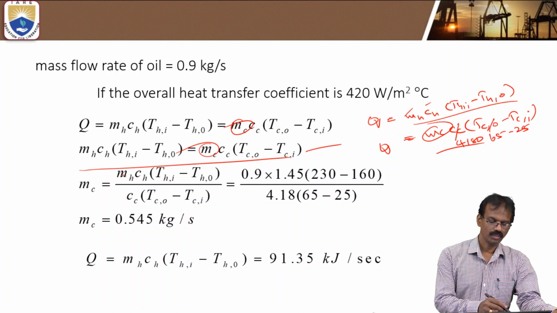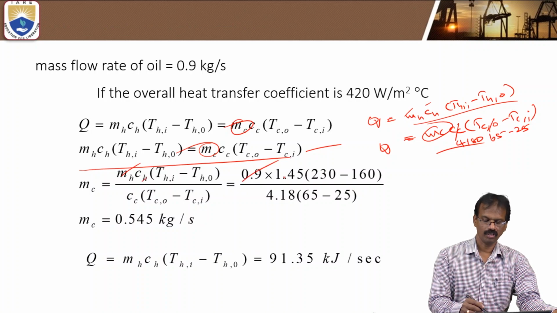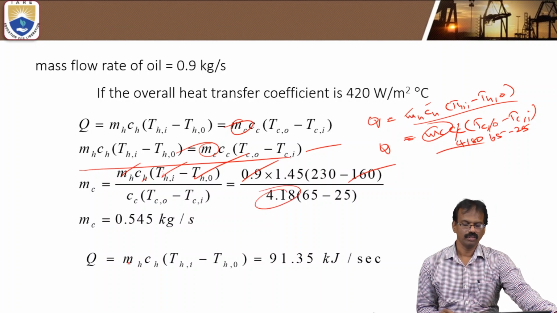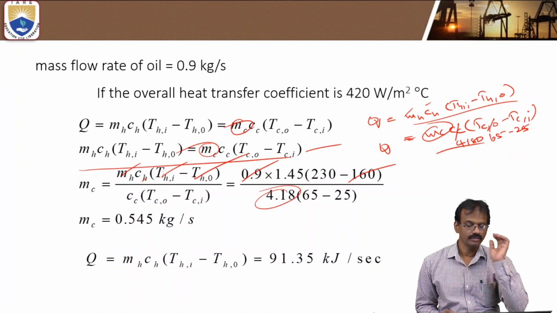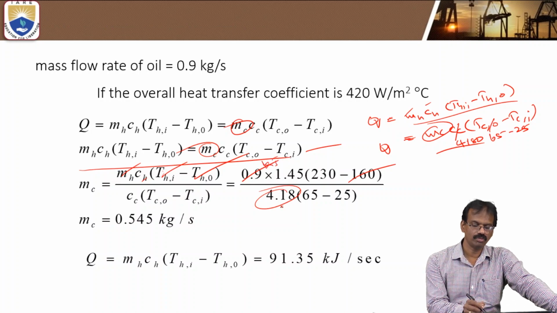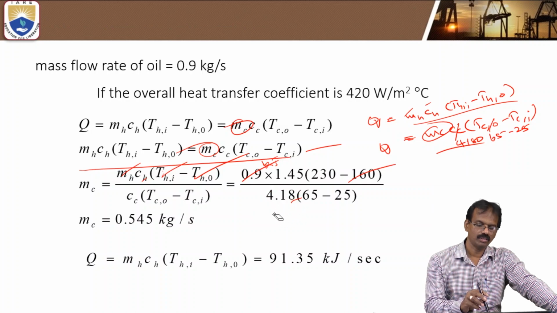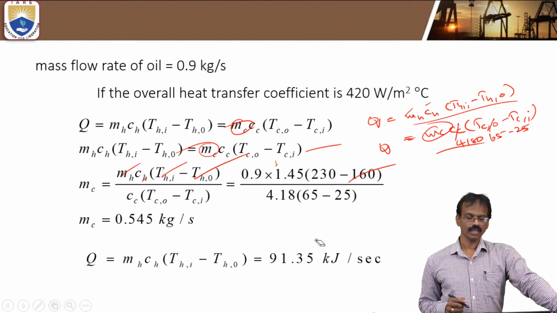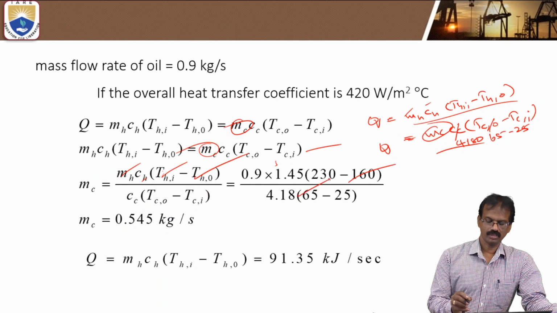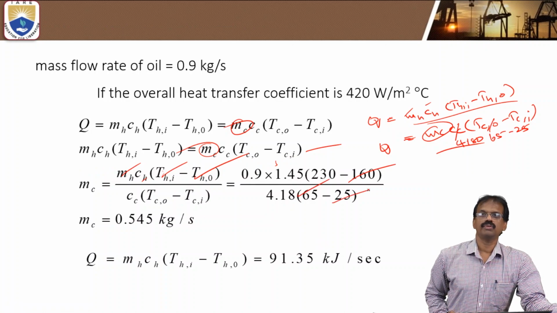So you know mH 0.9, CH specific heat of oil 1.45, hot fluid entering 230 minus hot fluid leaving 160. CC specific heat of the water, okay, 4180, because this one is also in kilojoules, that was written in kilojoules, okay, into TC0 65 minus TCI is equal to 25.